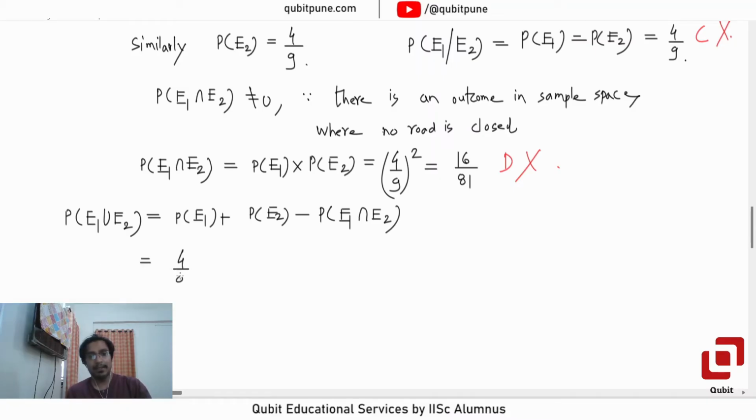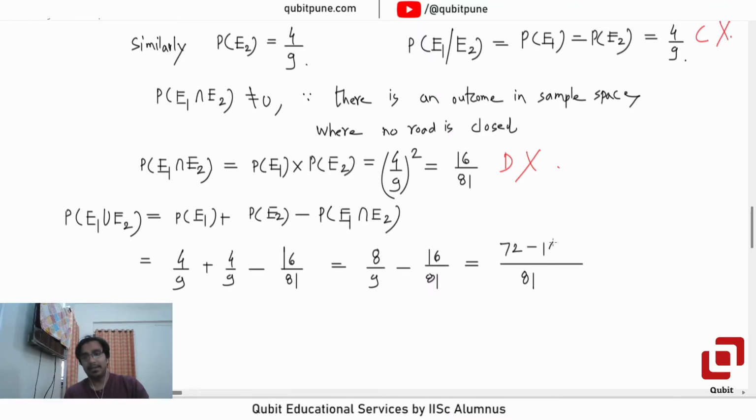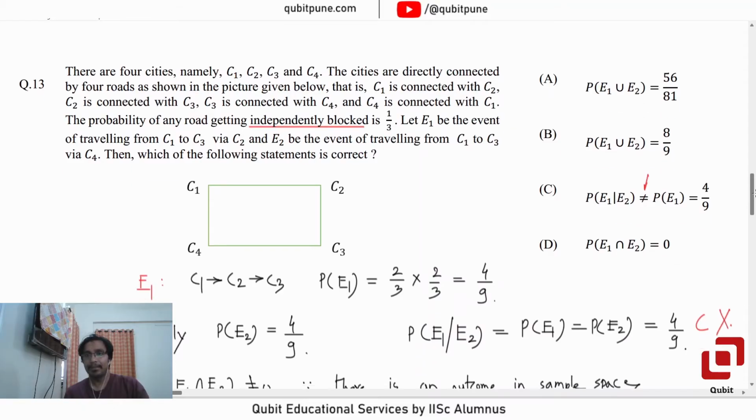E1 probability 4 by 9, E2 probability 4 by 9, intersection probability 16 by 81. 4 by 9 plus 4 by 9 is 8 by 9, minus 16 by 81. Take LCM. 72 minus 16. I think that would be 56 by 81. Yeah. So option A is right and not option B.